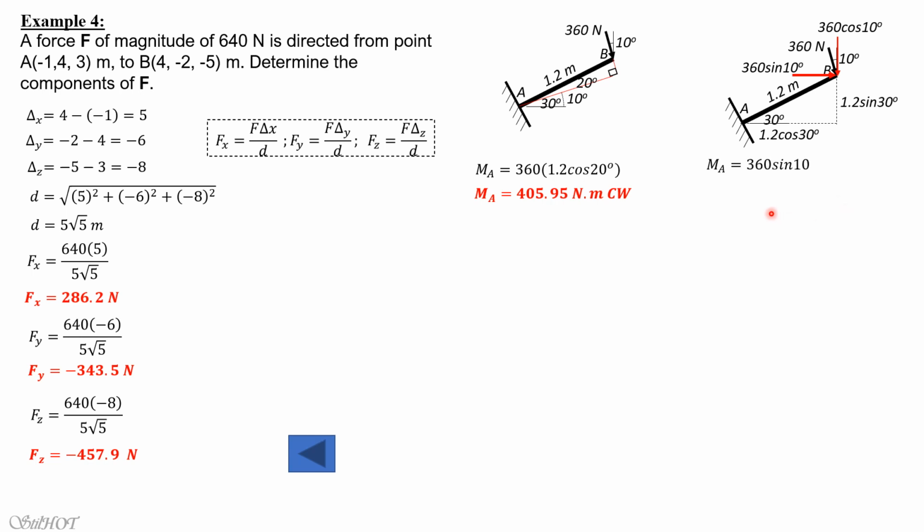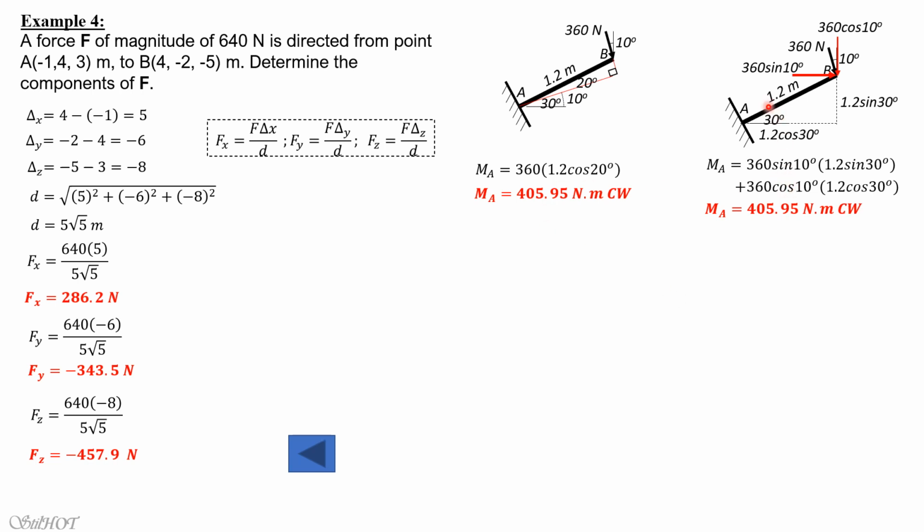So MA is 360 sine 10 times 1.2 sine 30 moment arm, clockwise, plus 360 cosine 10 times moment arm 1.2 cosine 30, also clockwise. That's why we add. So the value should be the same as this, 405.95 newton meter clockwise.